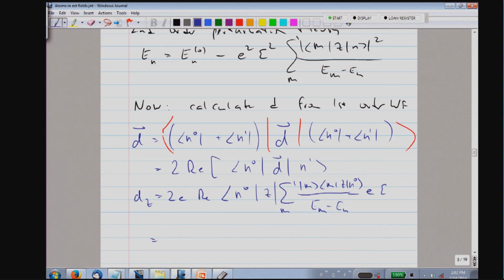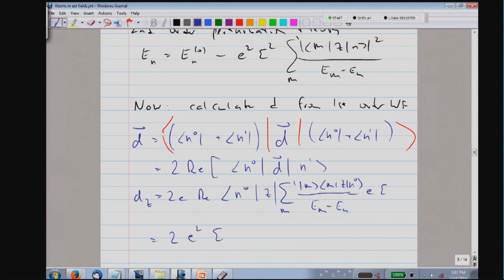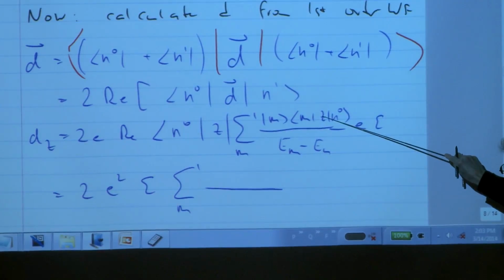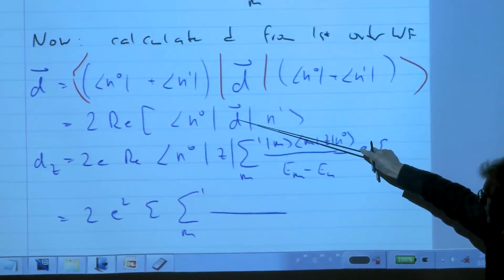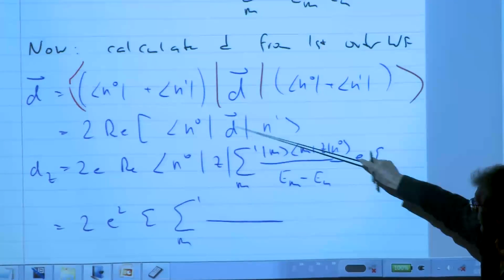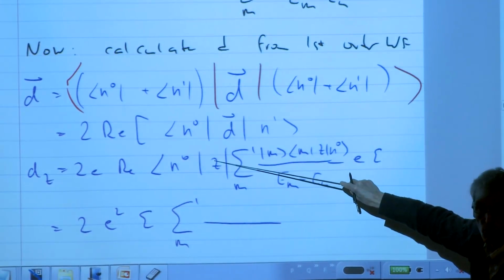So what we obtain is, we have the electron charge here from the dipole moment, we have the electron charge due to the perturbation operator, so it's electron charge squared. We have the electric field, and then this is due to the admixture of the wave function with the dipole operator, and now because we take the dipole matrix element of the dipole operator, we get another occurrence of the dipole operator.